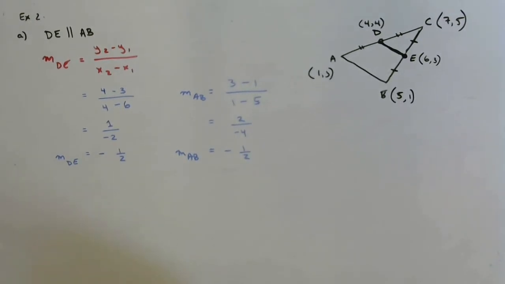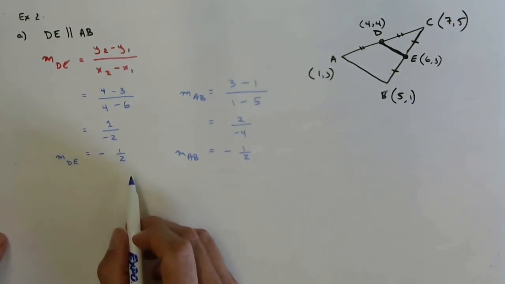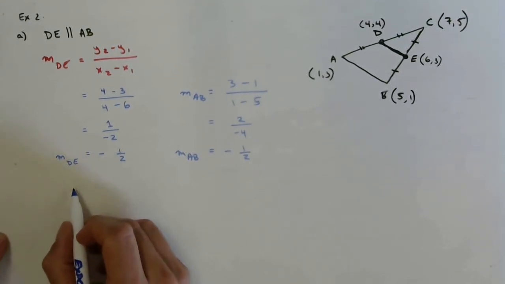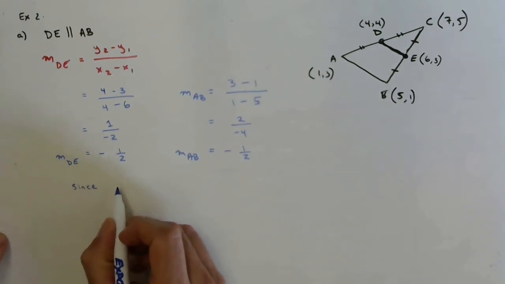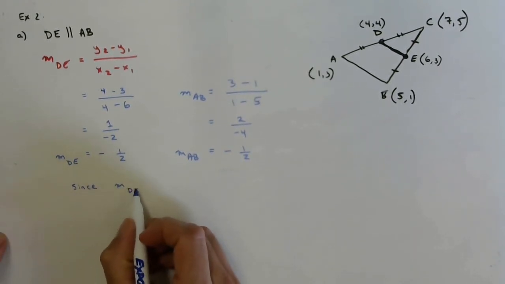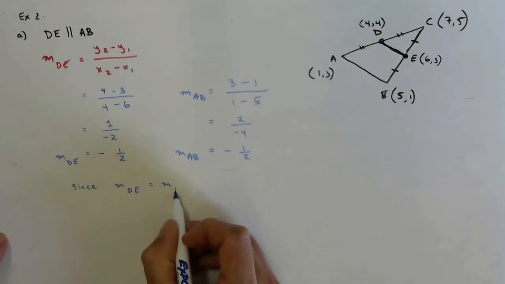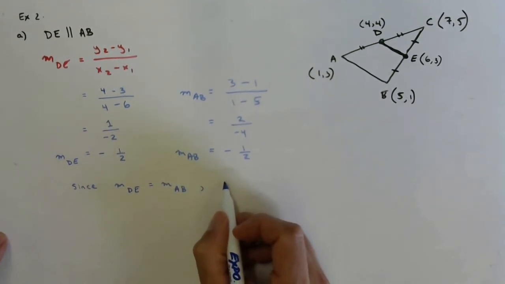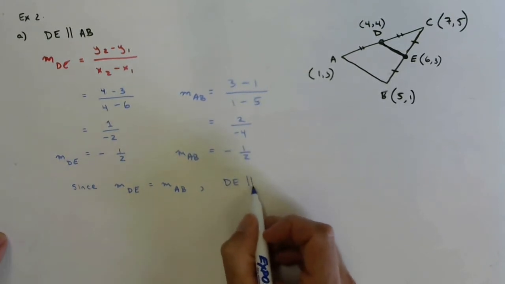So that was pretty easy to find out. Now what I need to do is make a final statement. My goal was to verify that line segment DE is parallel to side AB. I'm going to say, since the slope of DE equals the slope of AB, comma, DE parallel AB.